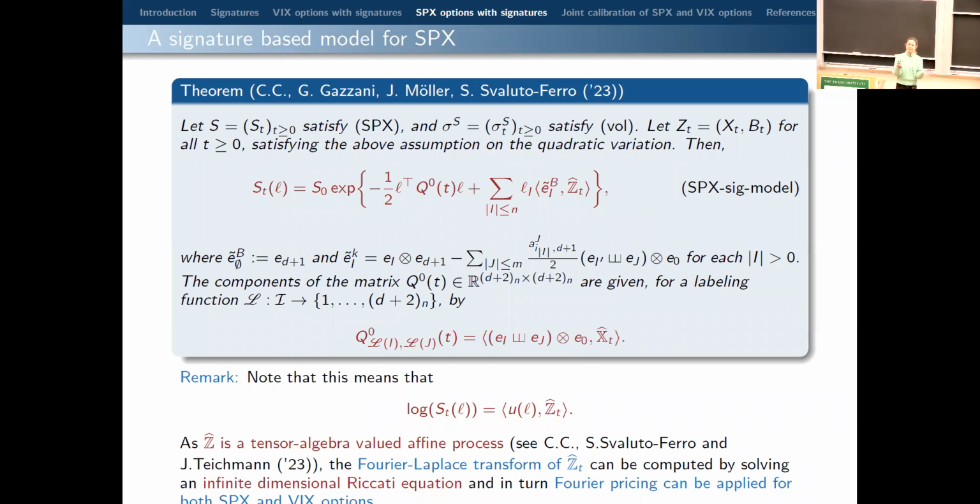So there you can really have path-dependent characteristics in the form of this linear thing, which can not only be linear functions that you could truncate at some level, but can also go to the limit, so that you really have, in the one-dimensional setting, analytic functions there. So that's really nice actually. And when you can compute the Fourier Laplace transform, you can also use Fourier pricing. We did not exploit it so far, but I think this is another direction.